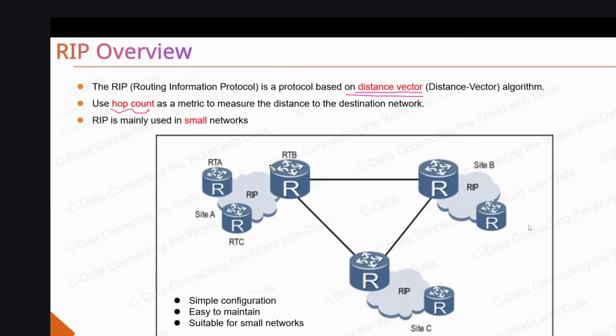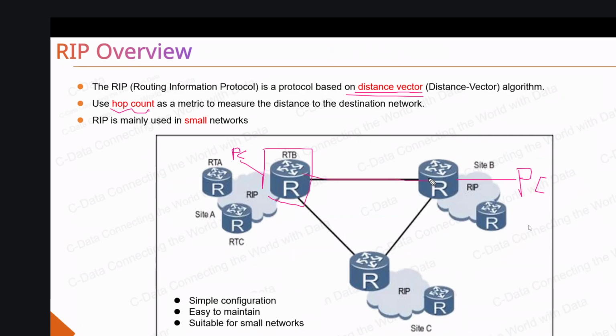For example, from here to here we have a PC. The hop count means how many routers it needs to jump.